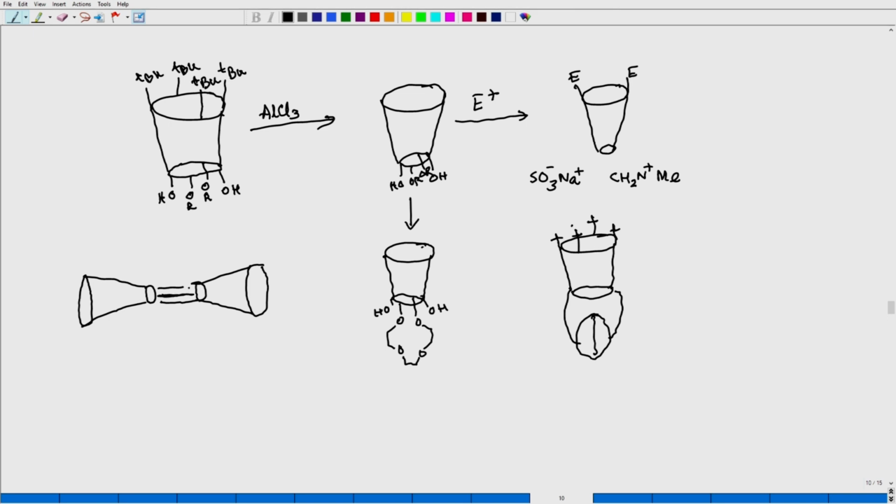This can be combined, and we can get many different types of structures.